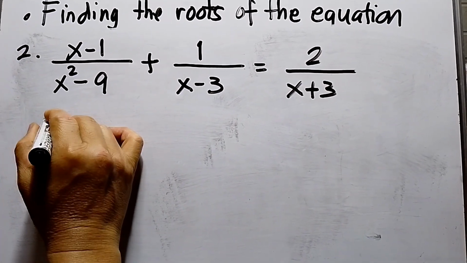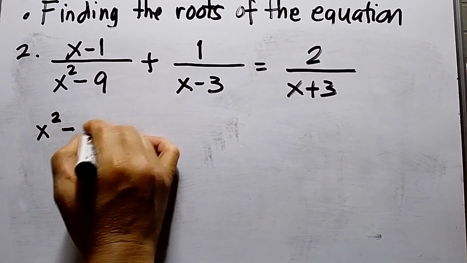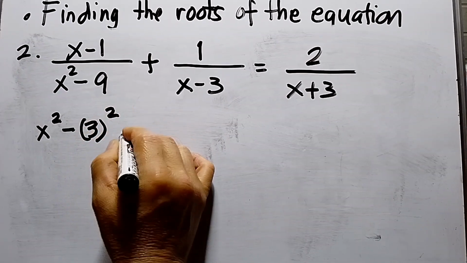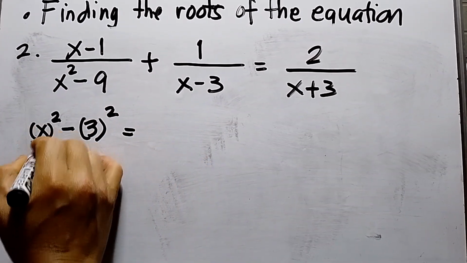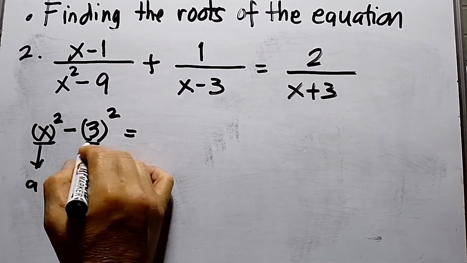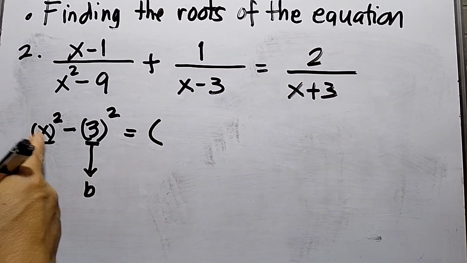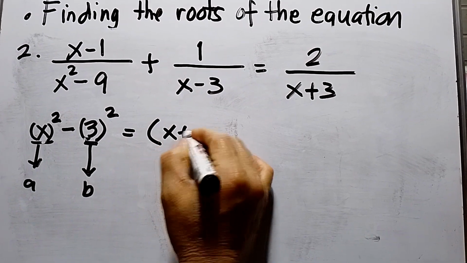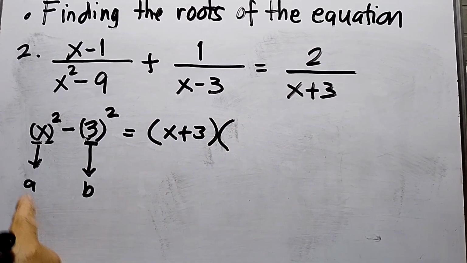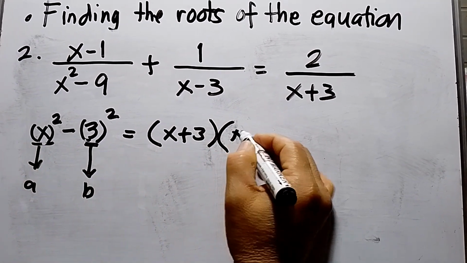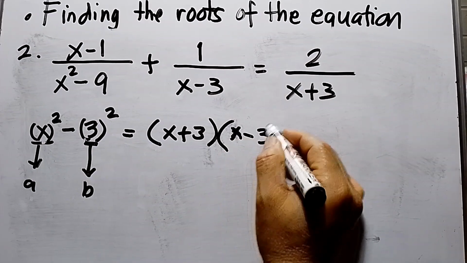So to write the standard form, this will be x squared and then this will be 3 squared. So this is my a. And then 3 is my b. So take note, a plus b. So x plus 3 times a minus b, x minus 3.